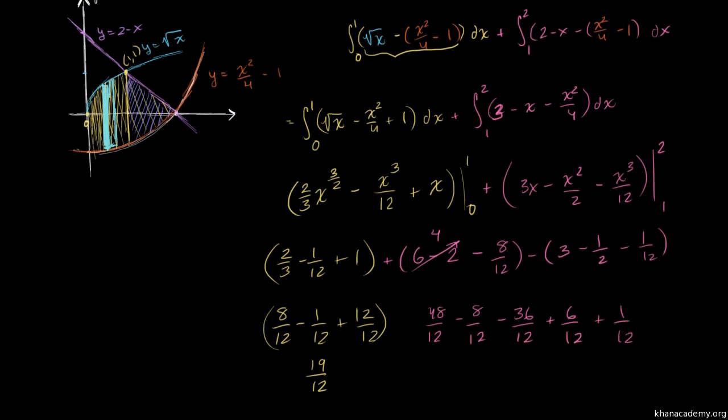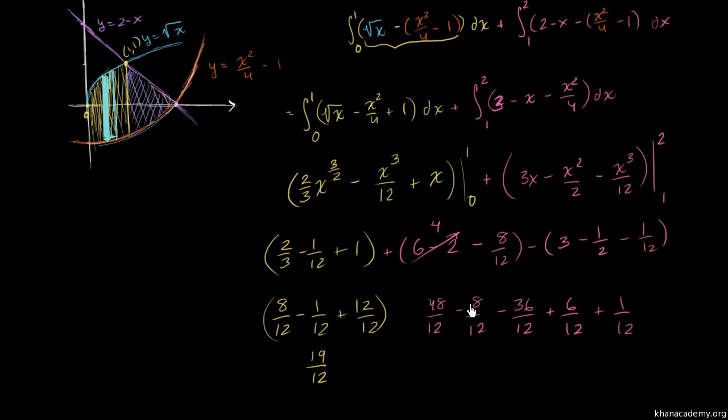So this all simplifies to 48 minus 8 is 40, minus 36 is 4, plus 6 is 10, plus 1 is 11. So this becomes 11 over 12. Let me make sure I did that right. 48 minus 8 is 40, minus 36 is 4, 10, 11. That looks right.